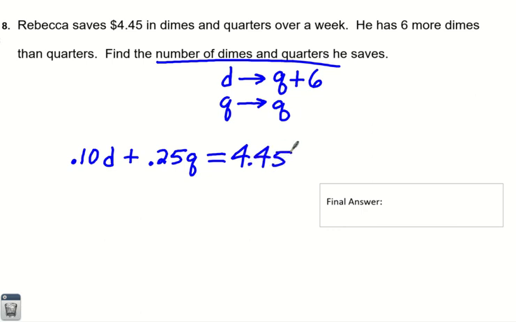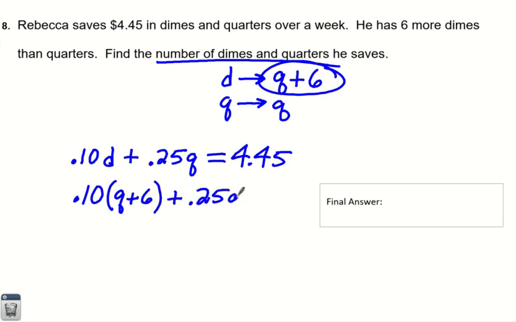$4.45. But again, it can't remain two different variables. That's why we have this. Instead of a d variable, we're going to replace that with q plus 6. That way, we will only have the letter q, and we can actually solve it for q, because now there's only one letter.